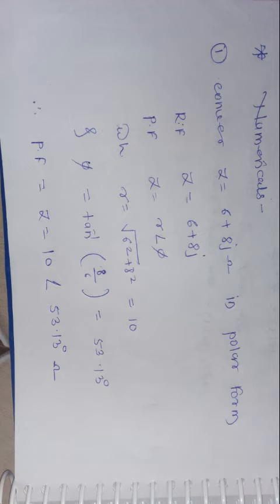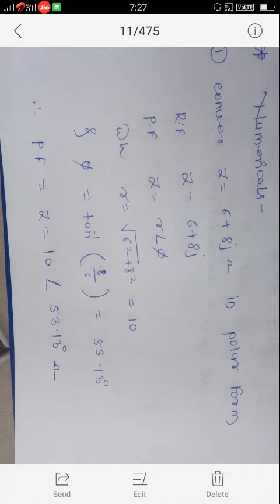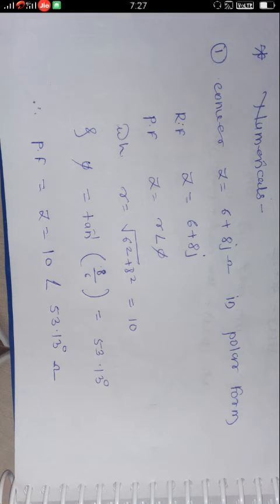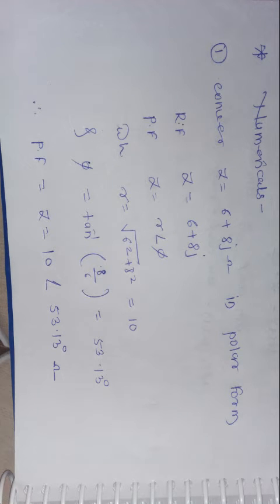The solution for this numerical: the rectangular form is given, Z is equal to 6 plus 8j, and the polar form of this equation is Z is equal to R at an angle phi.